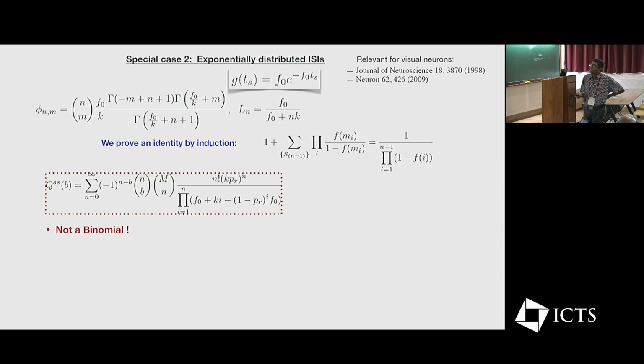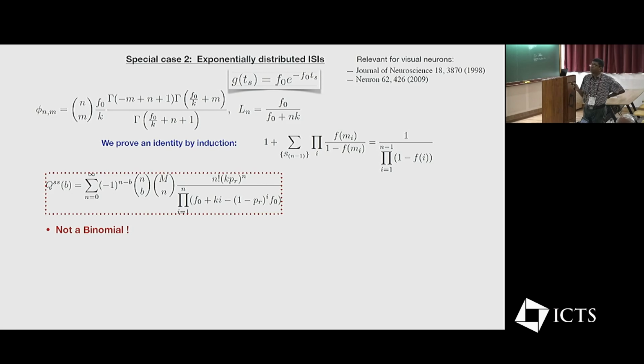So one of the cases that we could handle was these exponentially distributed gaps. Then you know these functions. Then also this sum that we had, luckily we could by induction reduce it to this, and putting it together, the distribution looked much simpler, and it is not a binomial.